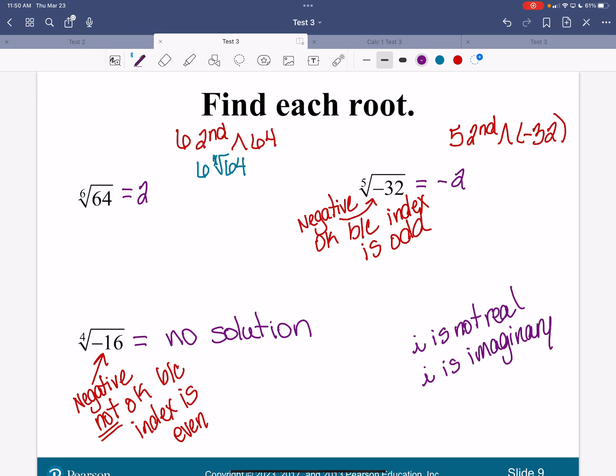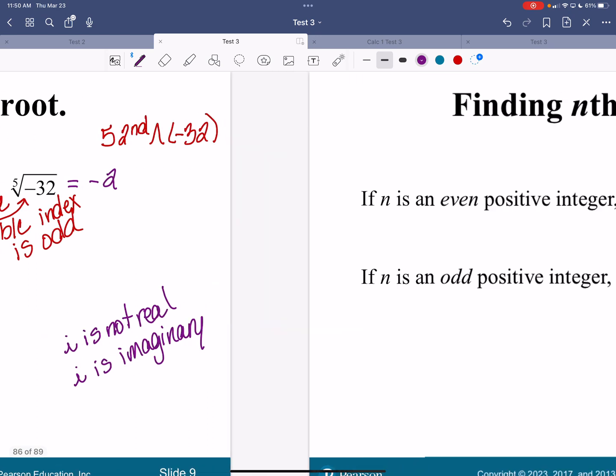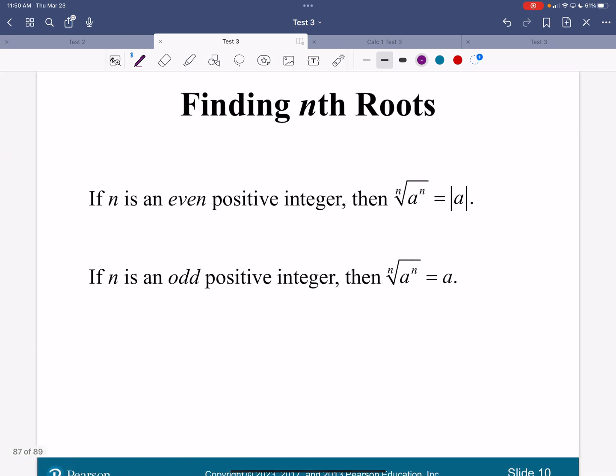Can I go to the next screen? Okay. If n is an even positive integer, so if I've got a to the nth power, even if a is negative, as long as I'm raising a to this nth power, then I can take the nth root of that.